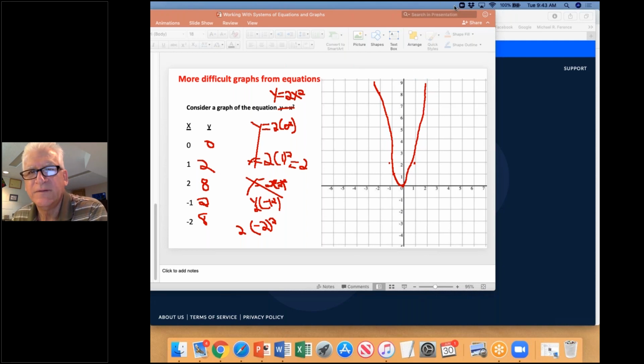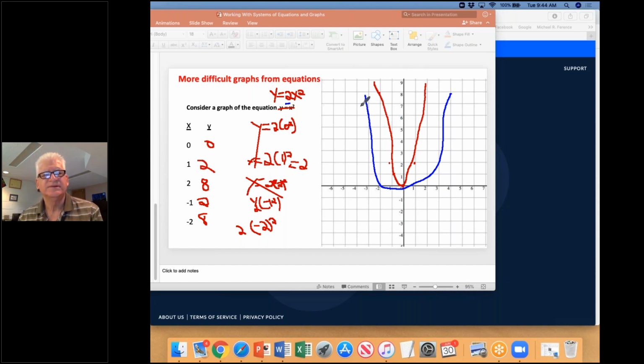If you recall from the last equation, y equals x squared, it looked more like this. So when I have the 2 in there on this equation, it makes the parabola narrower.